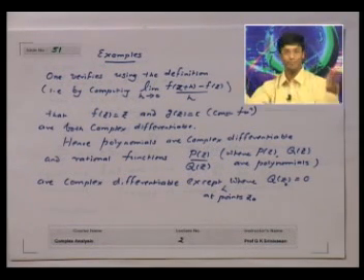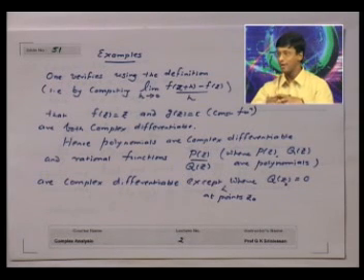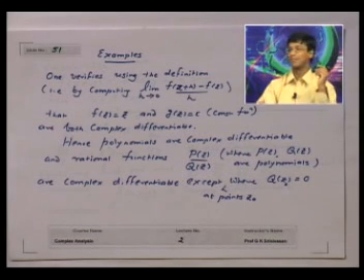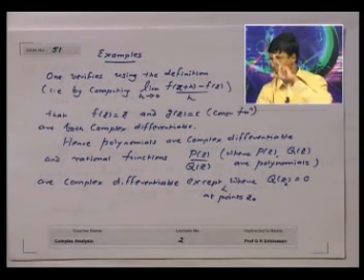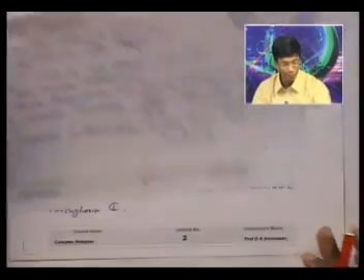But this is not rich enough, right? I want something which is not a rational function, which is also complex differentiable. The Cauchy-Riemann equations have given us a new example, e to the power x cos y plus i e to the power x sin y. That is complex differentiable because it satisfies the Cauchy-Riemann equations. Now the question is, why is this not a rational function?